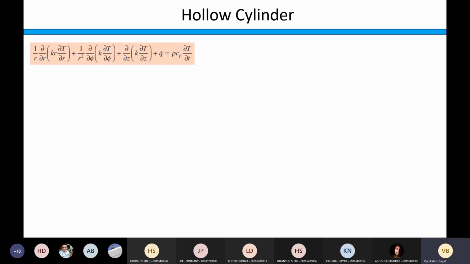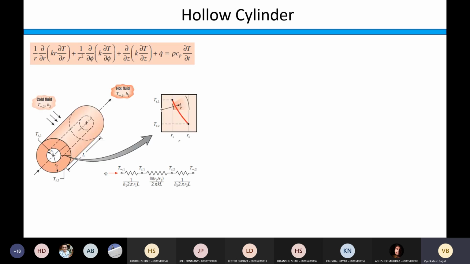So k is considered as a space variable here. Fine. Now we are going to simplify this for our case, which is one-dimensional steady-state heat conduction in a hollow cylinder. I repeat, one-dimensional steady-state heat conduction in a hollow cylinder.